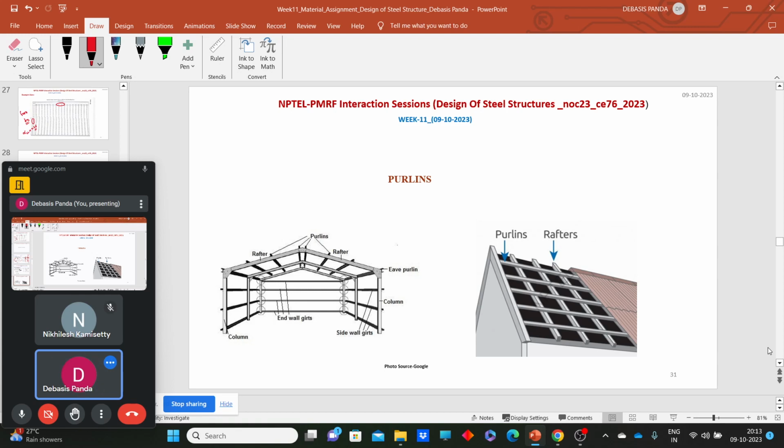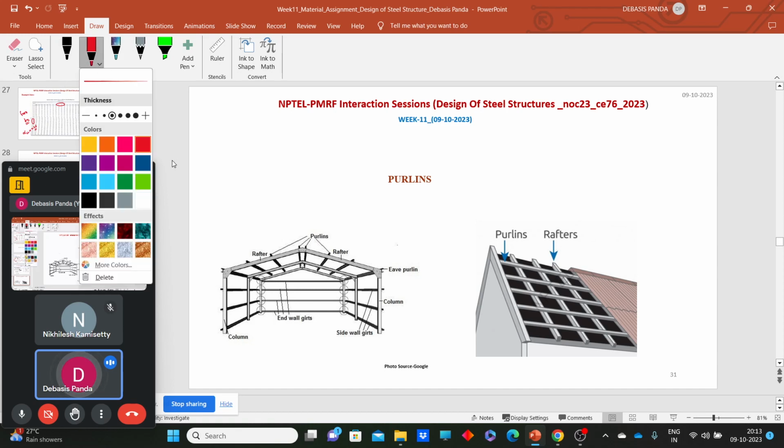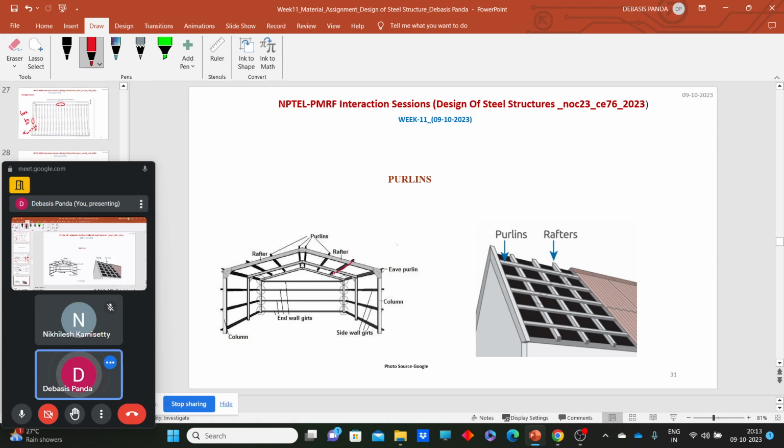What is a purlin? Purlins are basically the horizontal flexural element of a roof truss. From the picture you can see these are the purlins, the horizontal beams on top of the rafter. Let me explain it one by one.